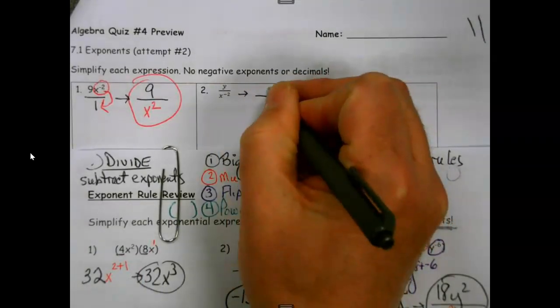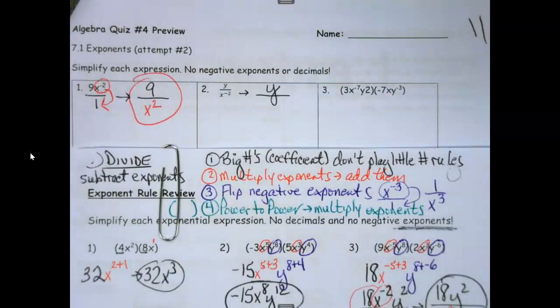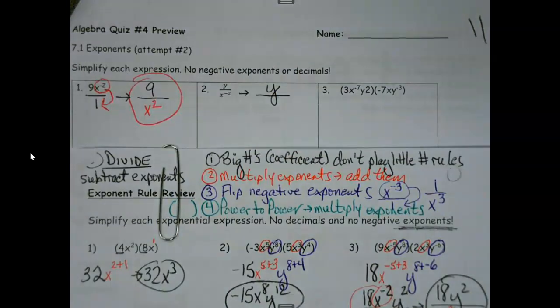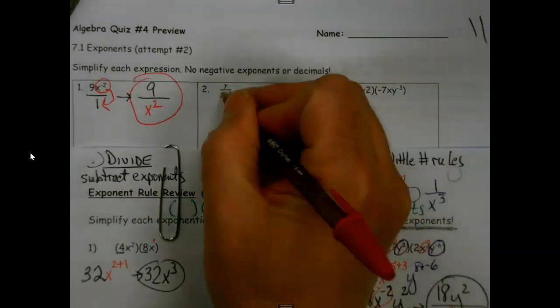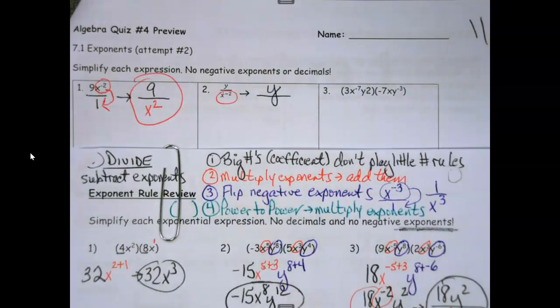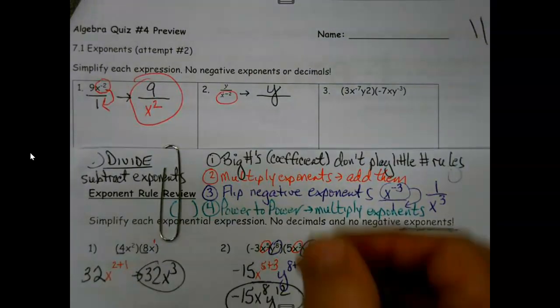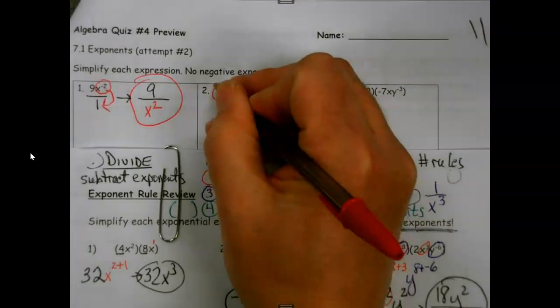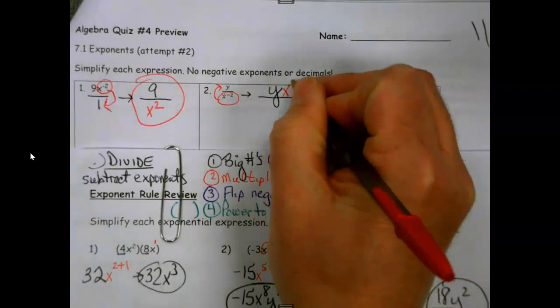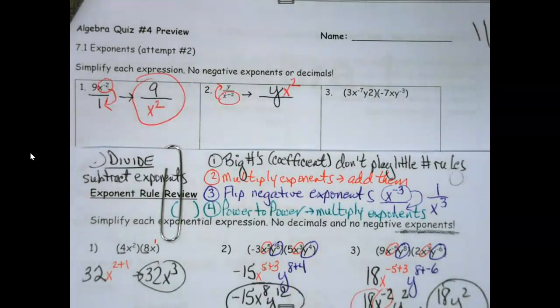I've got a fraction. Y is happy. Y is positive. Leave Y alone. But x to the negative 2 does not like being in the denominator. It doesn't like being in the basement anymore. So, bring it up here. It becomes positive.